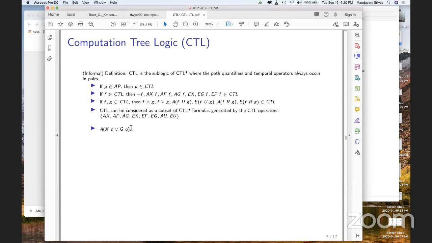For example, I'll give you some examples of well-formed CTL formulas and those that are not CTL formulas. Is this a CTL formula?